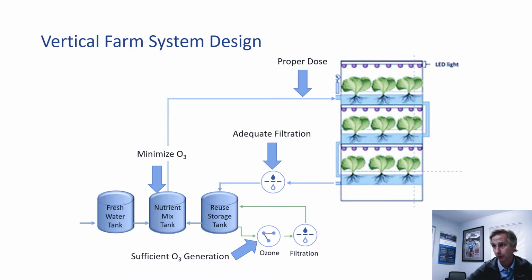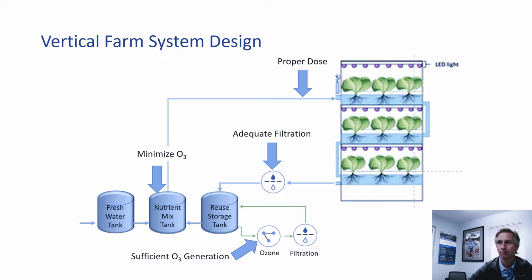As the water flows through irrigation, it comes out of the farm, it's important to have adequate filtration of that water coming out of the farm and reduce the BOD that comes with the particles, the soils, the plant materials, algae, any bacteria that have started to build up in the system.